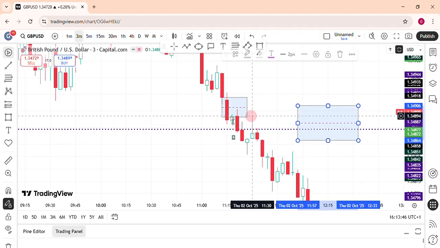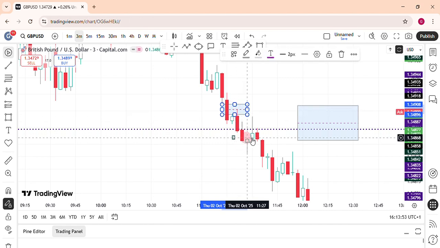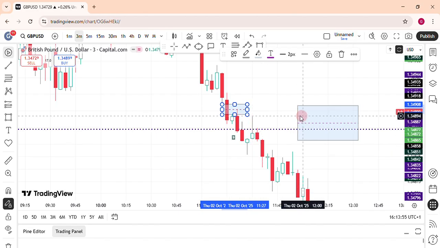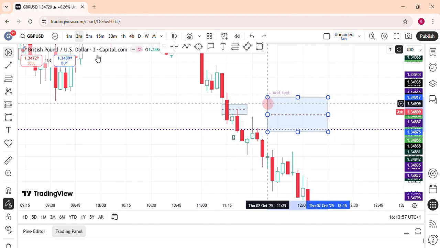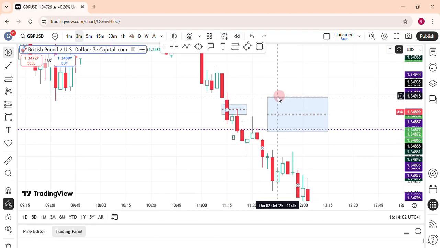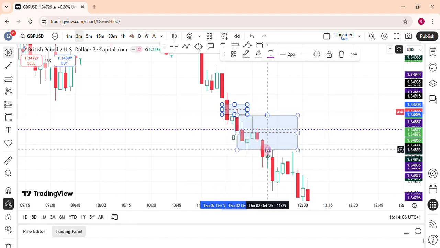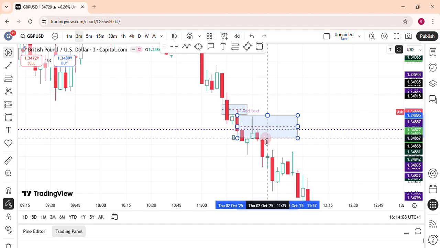So we have one fair value gap here. Let me show you very clearly. You have a fair value gap. Price comes down all the way to these spots. On a 5-minute time period, this is another fair value gap here. So let me show you how this fair value gap is formed.